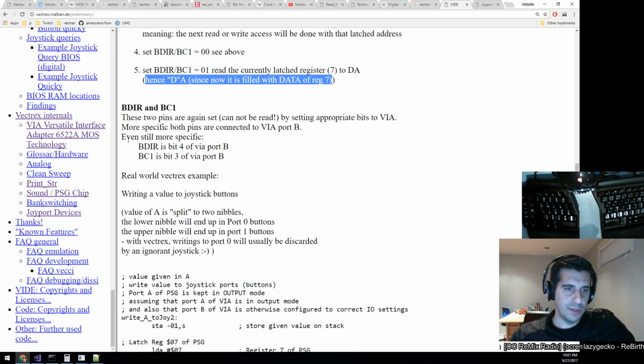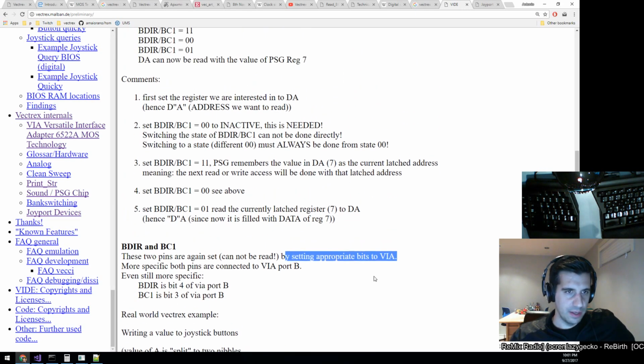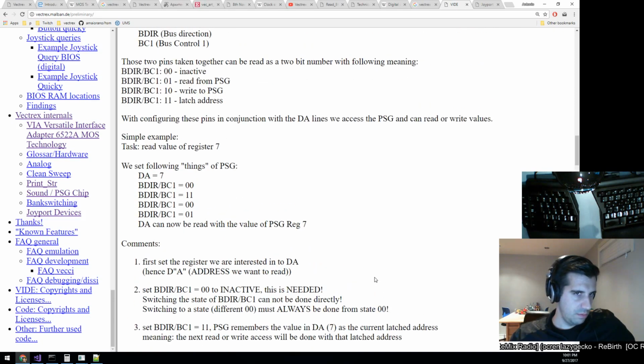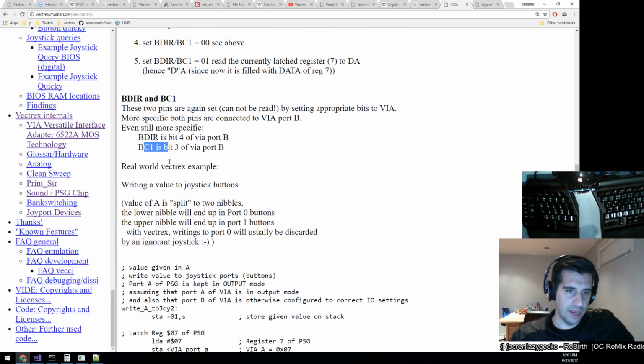BDIR and BC1. These two pins are again set, cannot be read, by setting appropriate bits on the VIA. More specifically, both pins are connected to VIA port B. Even more specifically, BDIR is bit 4 of VIA port B, BC1 is bit 3 of VIA port B, okay?